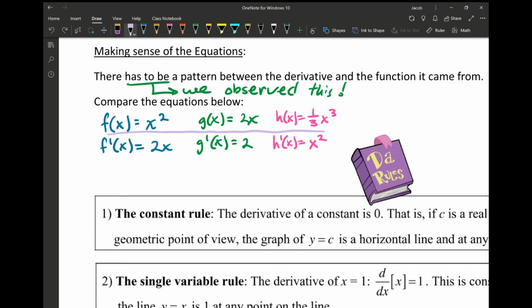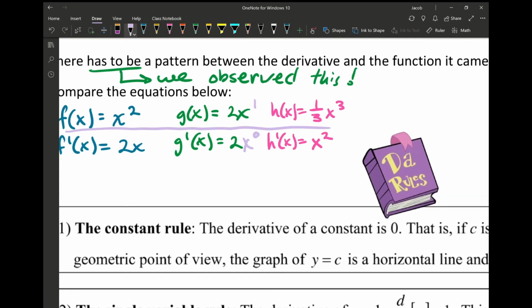So the derivatives are all a degree less than the function itself. So second degree, first degree, 0th degree for g prime of x, third degree, and second degree.